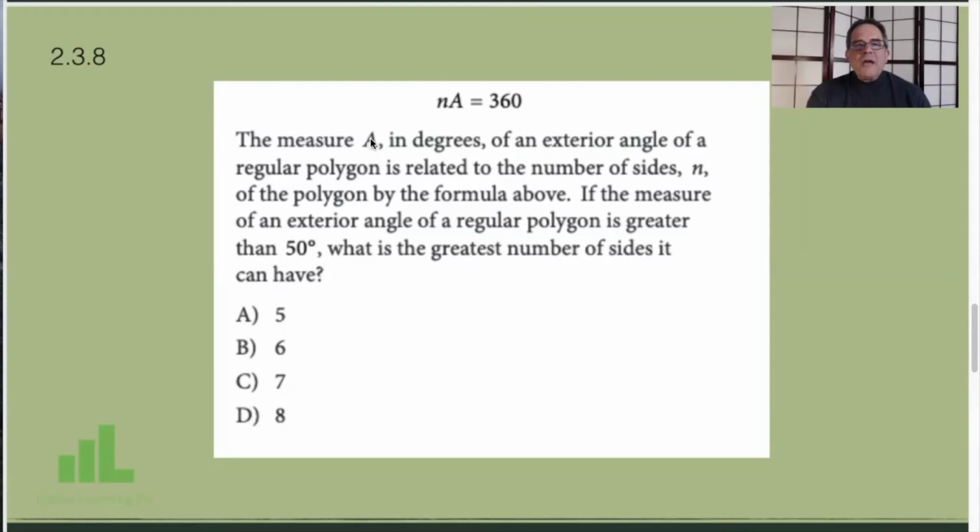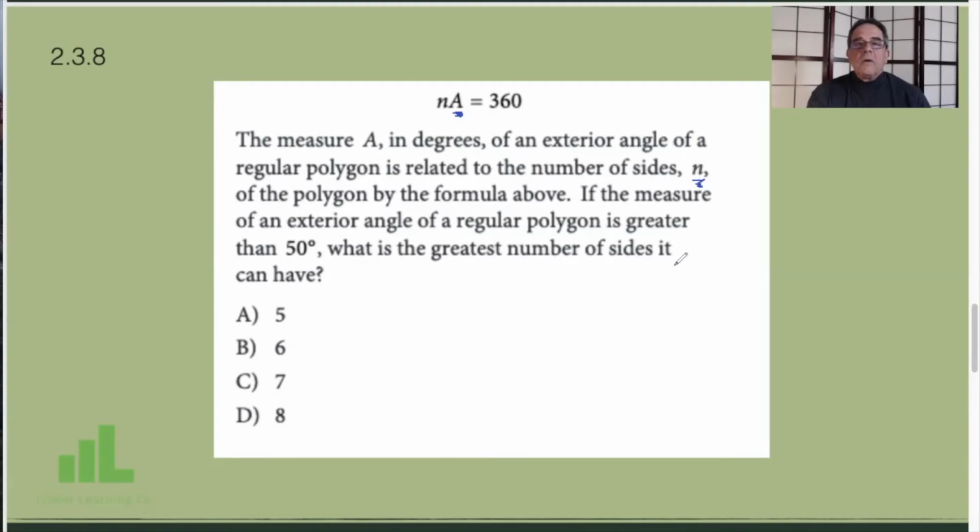The measure A in degrees of an exterior angle of a regular polygon is related to the number of sides n of the polygon by the formula above.